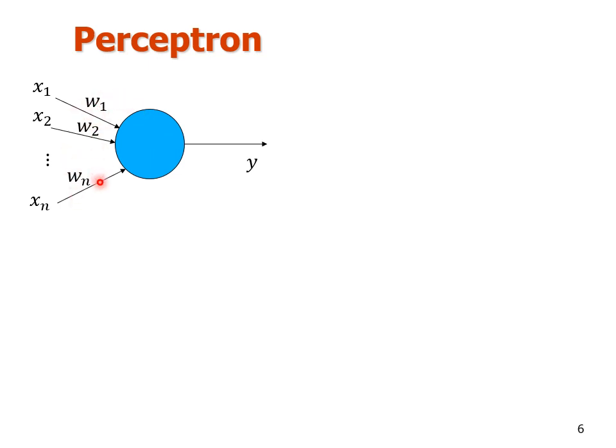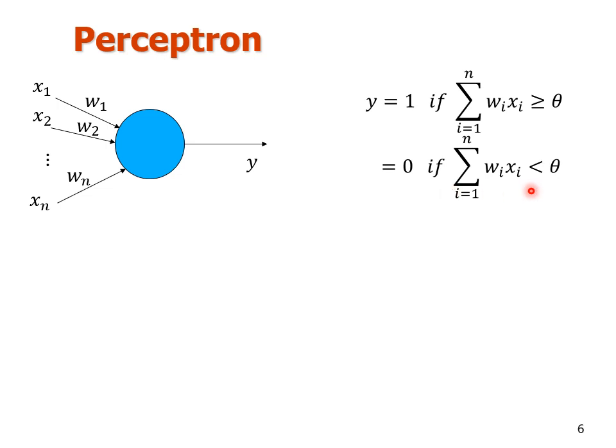Please recall, in MP neuron we had summation of xi, so we were summing the Boolean inputs, but here in perceptron we have the weighted sum, summation over i equal to 1 to n of wi xi. And now in this expression, we are comparing this weighted sum with the threshold theta, and if the sum is more than the arbitrary threshold theta, then output y is equal to 1, otherwise it is 0.